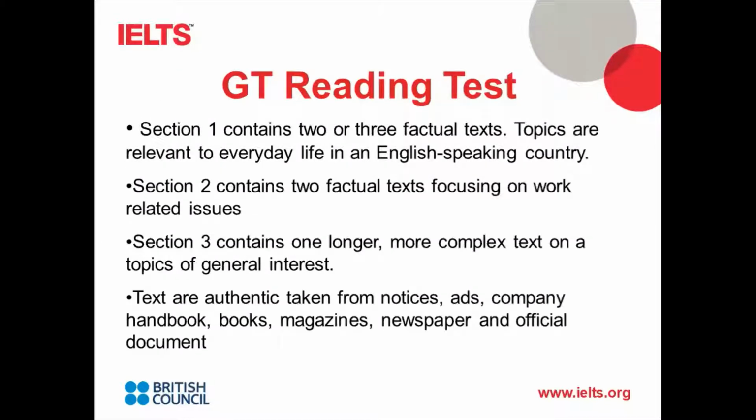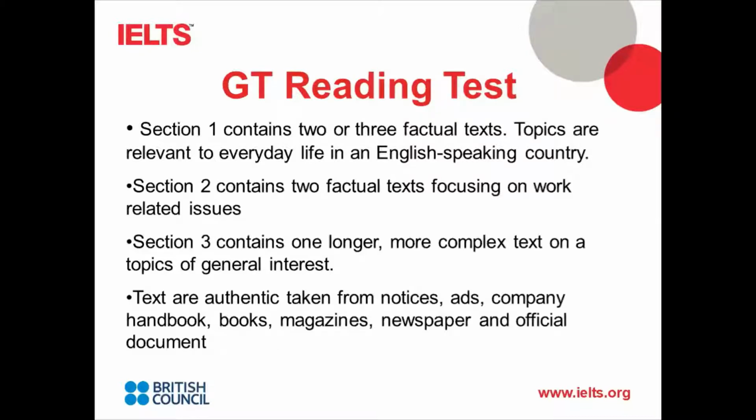But general training is a little bit different. That is, the content is a little bit different. Section 1 can contain 2 or 3 factual texts, that is topics relevant to everyday life in an English-speaking country. For example, you might receive a poster or a letter, and you need to read through and answer the questions. Section 2 contains 2 factual texts focusing on work-related issues.